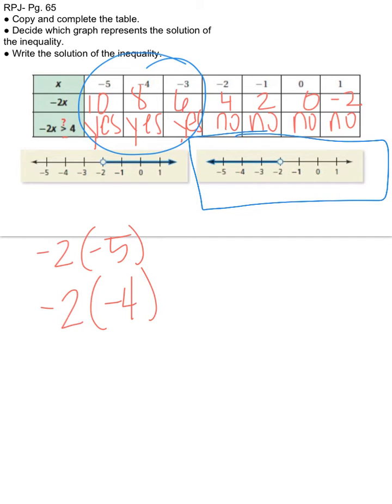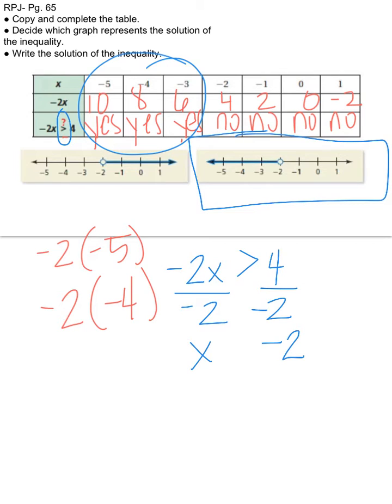Now if I look at that, my inequality symbol is pointing to the right, but this is filled in to the left. So here is a special rule. When we have negative 2x is greater than 4, just like we did before when we divided by negative 2, we would get x. I'm going to have some inequality, but I'm going to have negative 2.